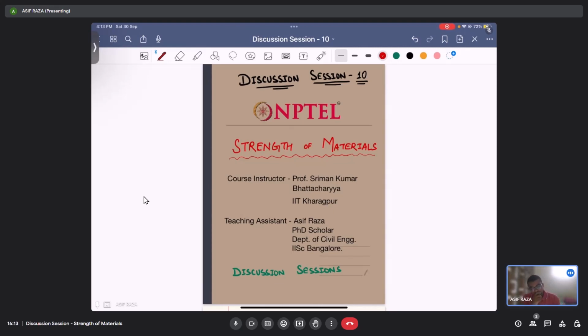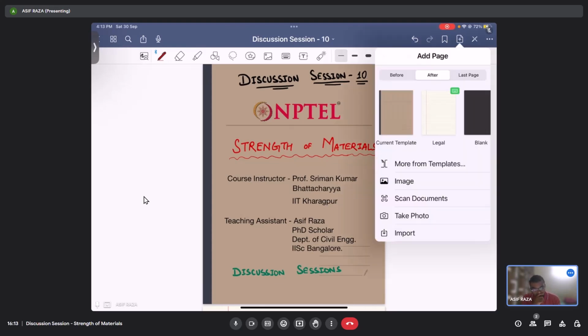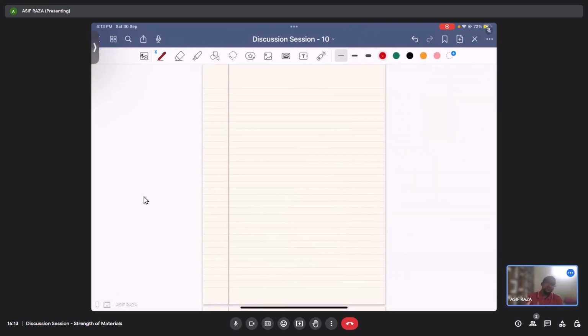Okay, so we'll start. Before going into solving questions, I'll just start with the basics. What is needed in this assignment, and in this discussion session, most of all. So first thing, you have come across bending stresses and shear stresses, and you have been solving them independently.